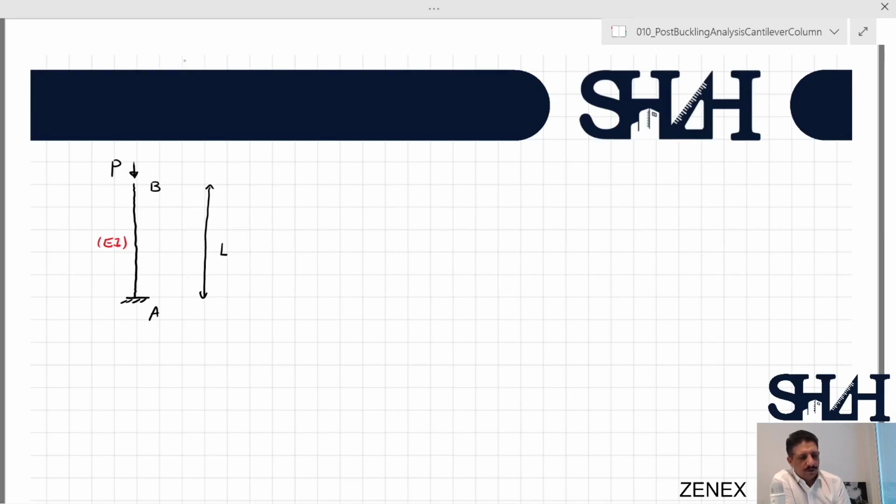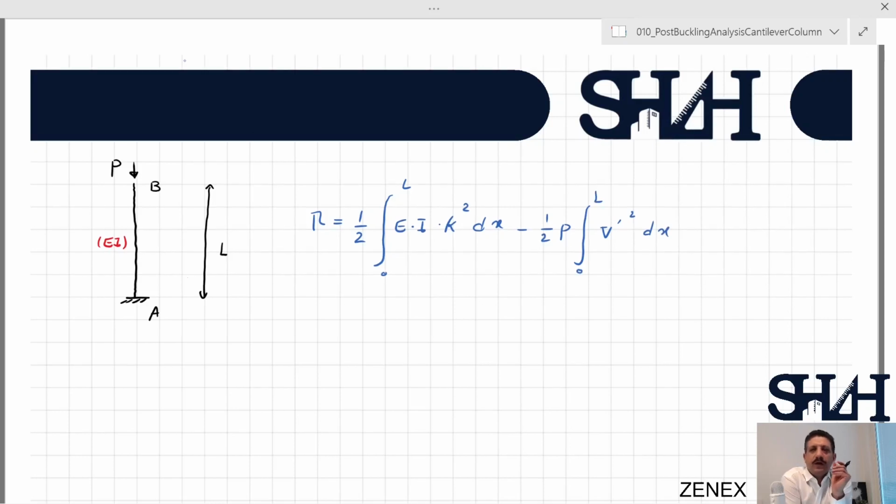We know that the total potential energy will be 1/2 integration of EI kappa to the power of 2 dx from 0 to L, minus 1/2 P integration of V prime to the power of 2 dx from 0 to L. There is another video where we can find out how to derive these two equations, which is not covered in this example.